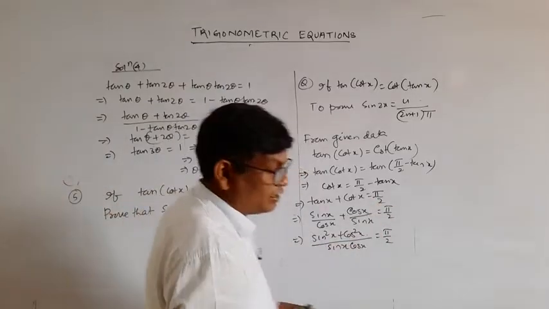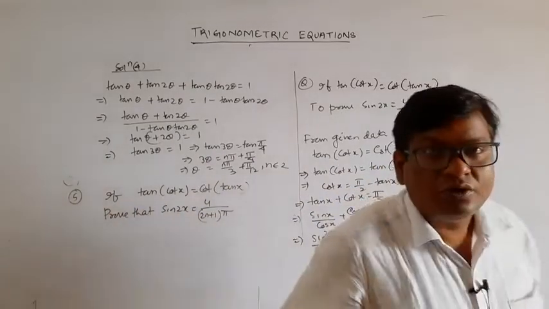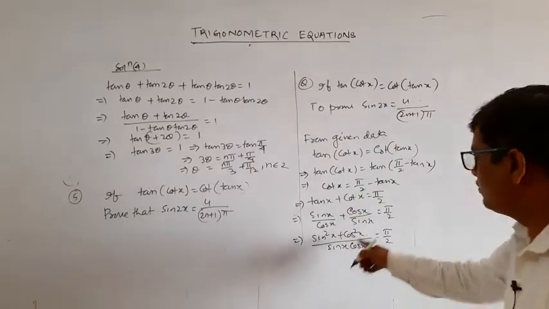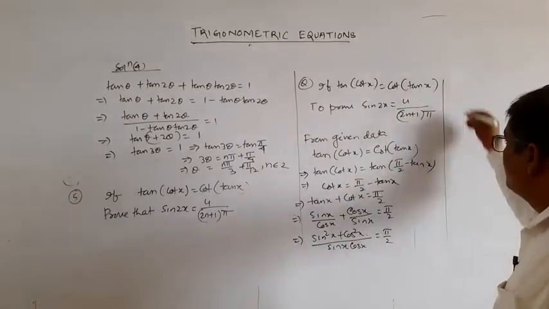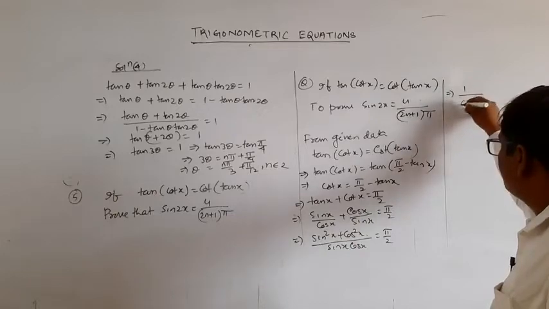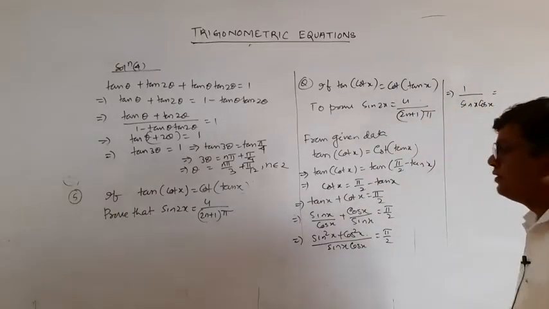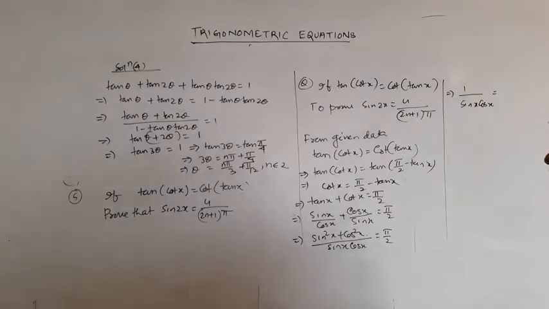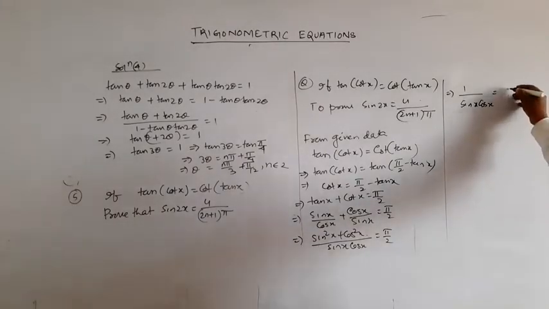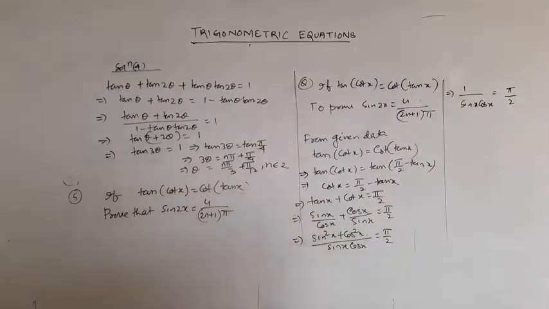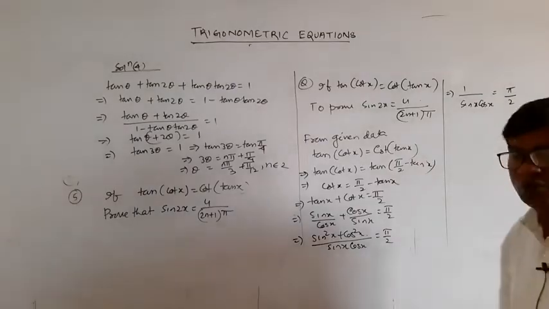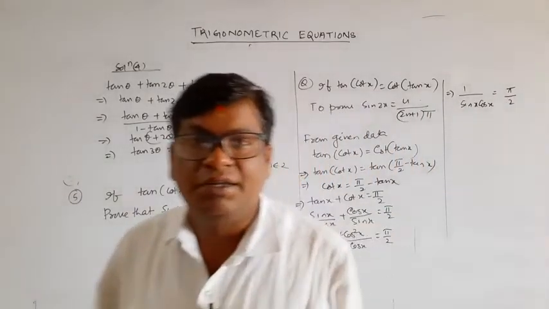Sin square x plus cos square x is equal to 1. So that is 1 by sin x into cos x is equal to pi by 2.